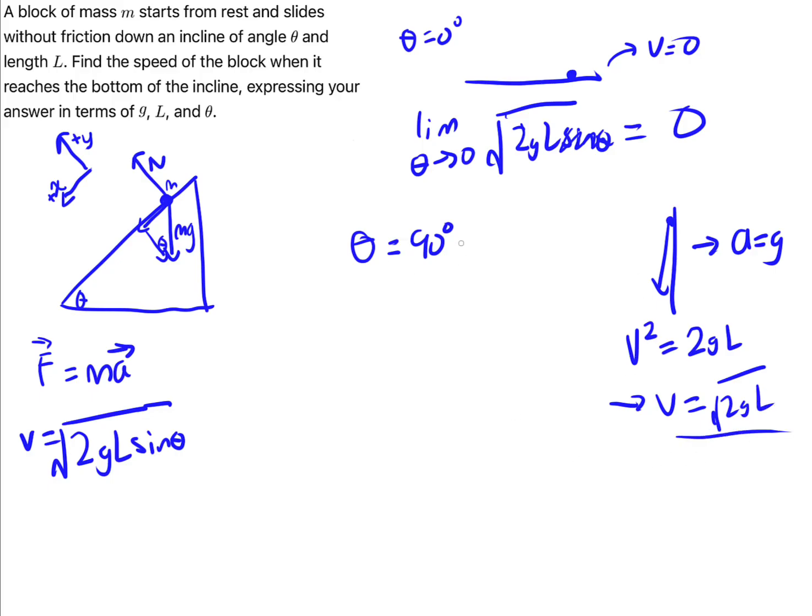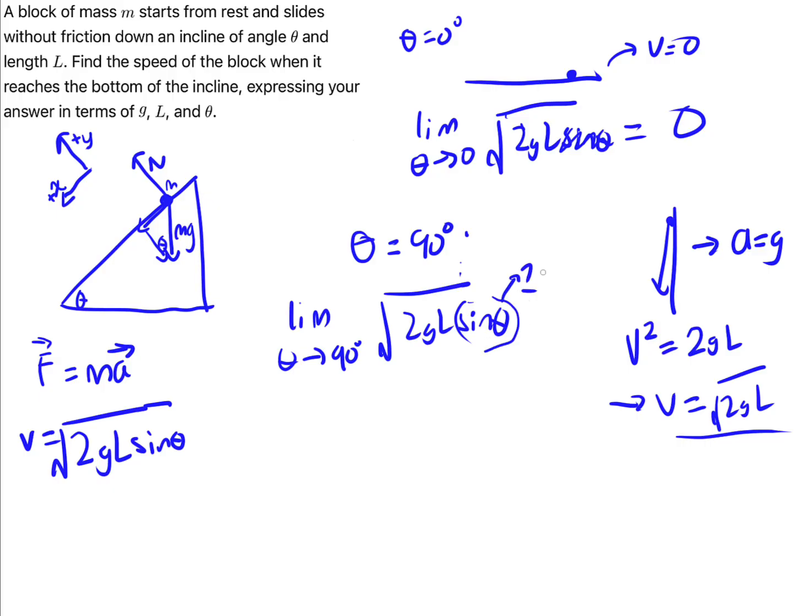And now let's check it in this case. So let's see what happens as theta approaches 90 degrees of our derived expression. So as theta approaches 90 degrees, sine of theta approaches 1. So this whole expression just approaches square root of 2gl.